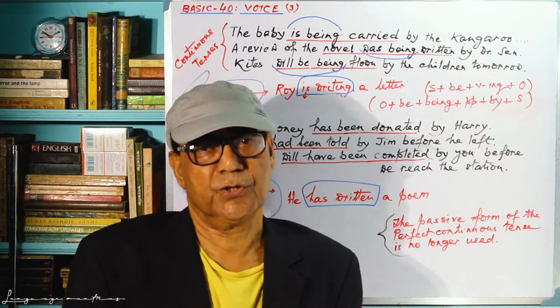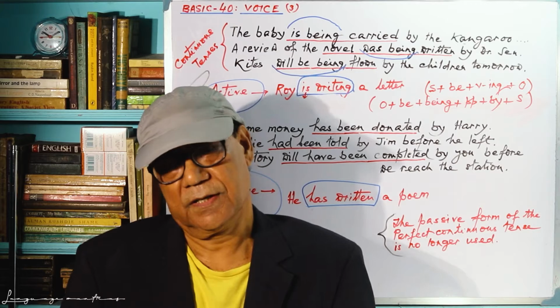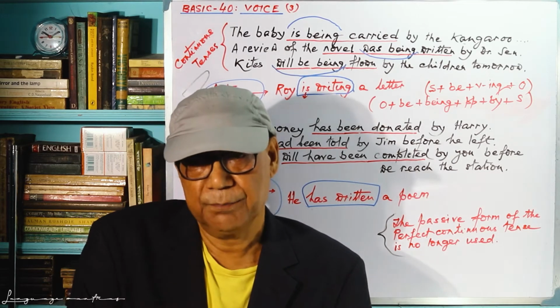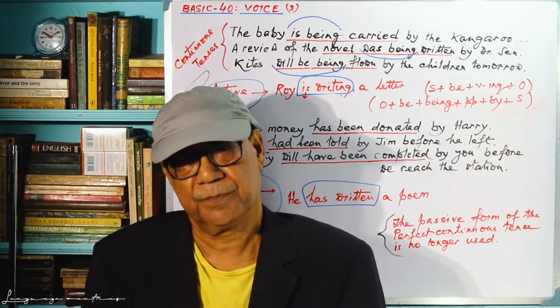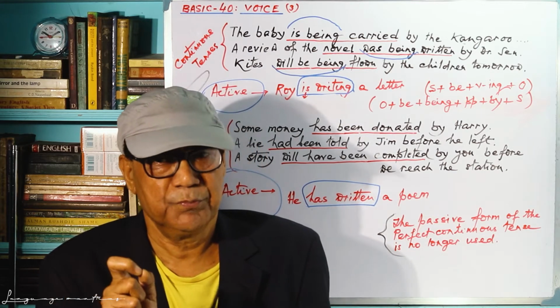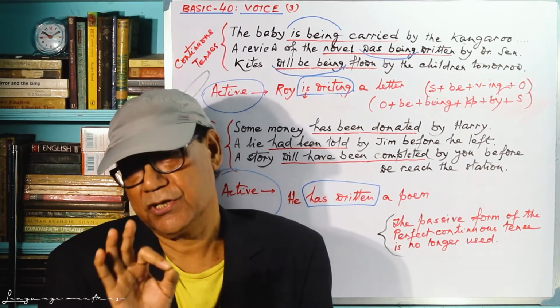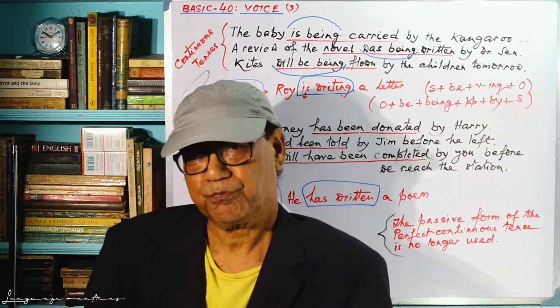In our previous sessions we have discussed how to convert or transform an active voice into passive voice in the simple present tense, simple past tense and simple future tense.